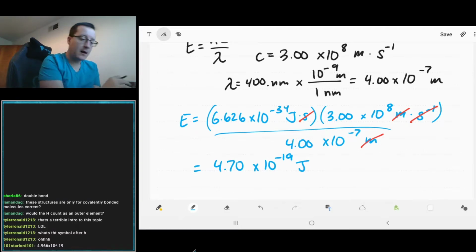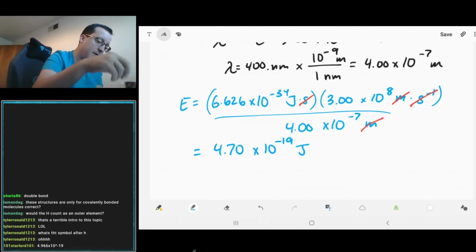If we do the same thing for the other one, the math would be the same, but slightly different.